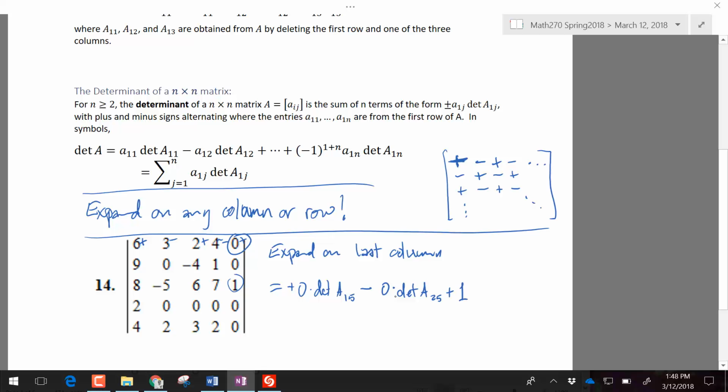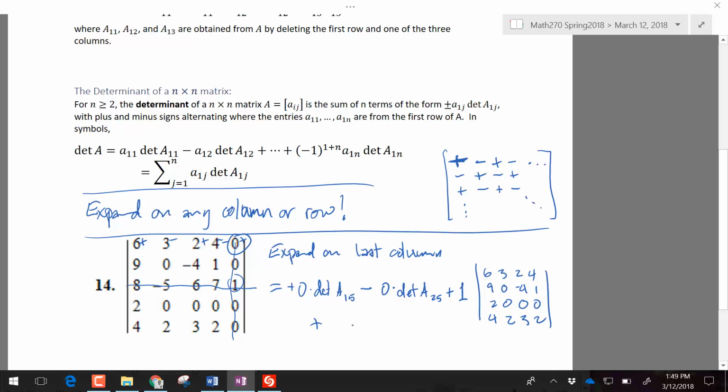And here's the one that I care about because this one has a 1. So here you cross out the row and column in which that exists. Then you take a look at the rest of the matrix that's left, which is 6, 3, 2, 4, 9, 0, minus 4, 1, skip, and then 2, 0, 0, 0, and 4, 2, 3, 2.